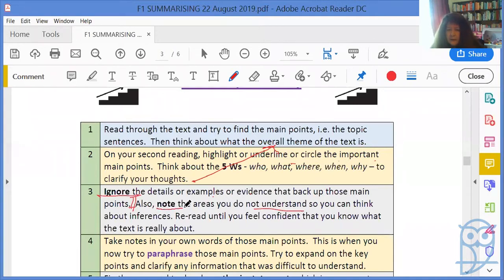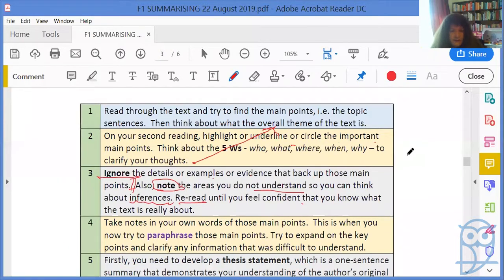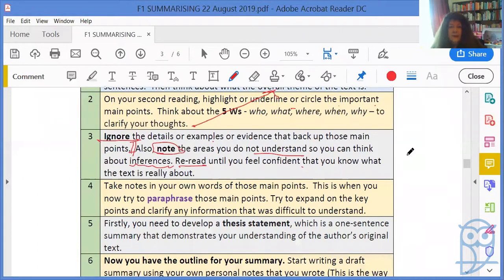So you make a note, circle, whatever, so you can think about inferring, trying to realize or understand or guess what it means at the end. So you reread the text until you feel confident that you know what it's all about. You've usually got plenty of time in the tests or progression tests or exam to do that, because if you don't do that at all, you're just going to get 0 points. So you must really understand that text.